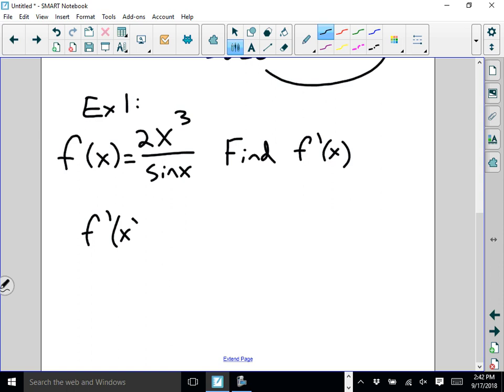Why don't you pause the video here and try and find f prime of x, given that f of x equals 2x cubed over sine x.